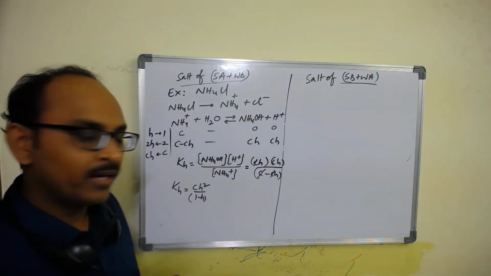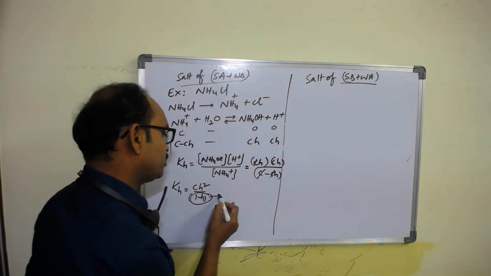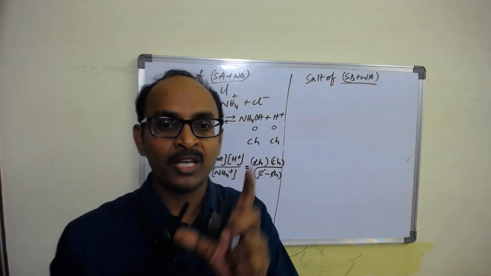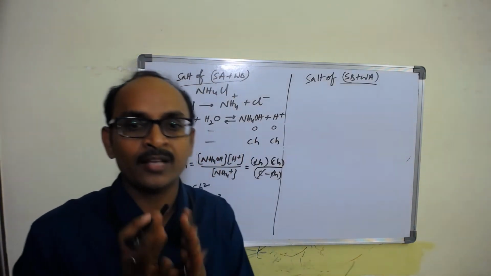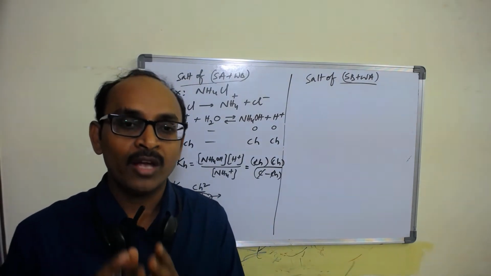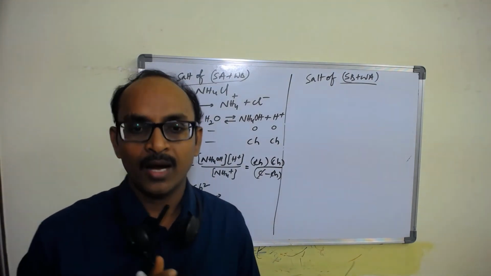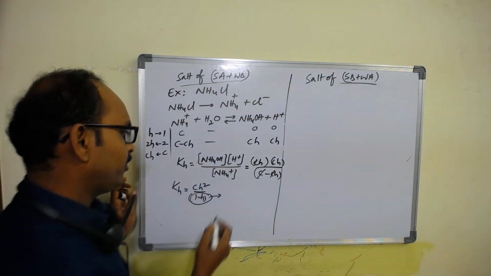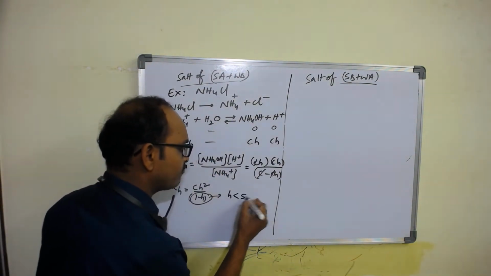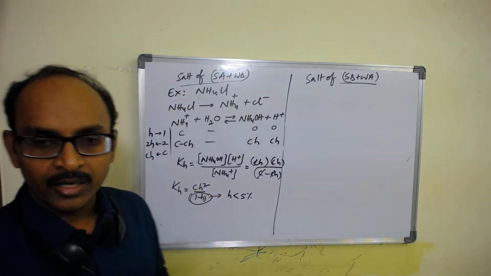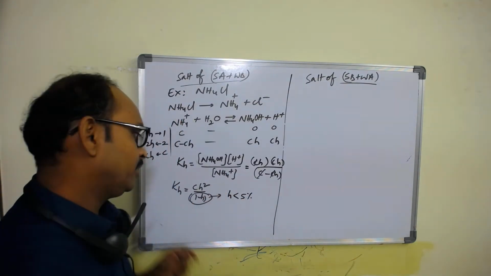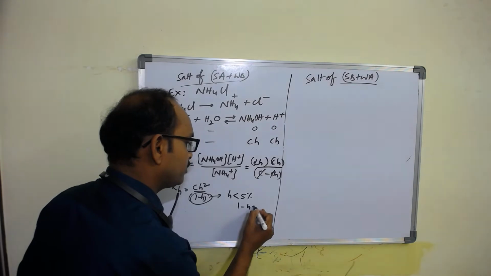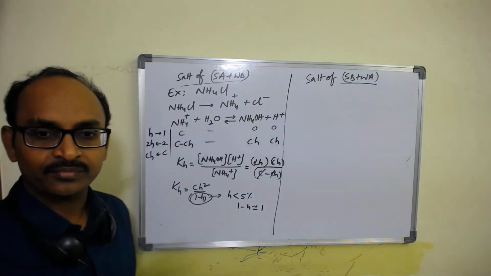And very importantly, this is the assumption given by the IUPAC people only. We are not taking any assumption, understand? This is given by the IUPAC people only, in which if the h value is less than 5%, then we can take 1 minus h is equal to 1.